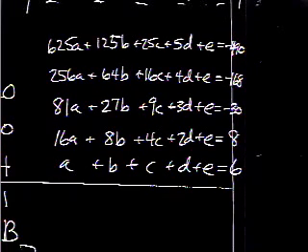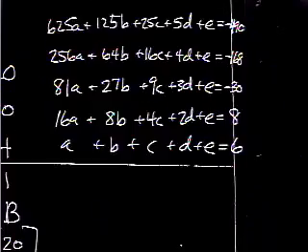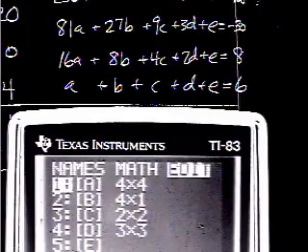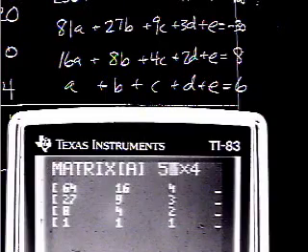And yes, I'm going to change that to a matrix system. I'm not going to rewrite that whole thing out just for sake of time, but I will go into my matrices, edit this.